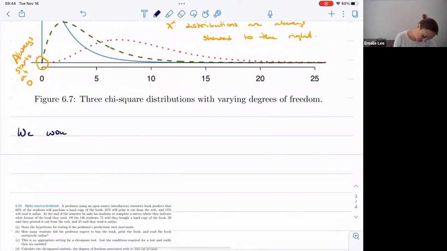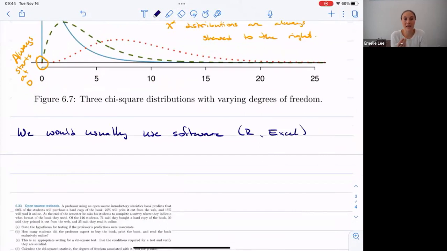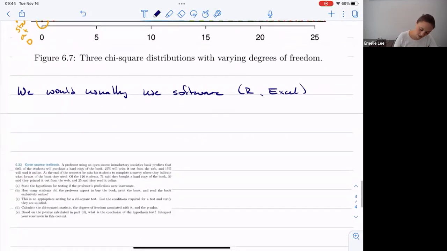We would usually use software, probably R or Excel or something like that, to calculate both the chi-squared test statistic as well as the p-value. Usually it does it in one go.